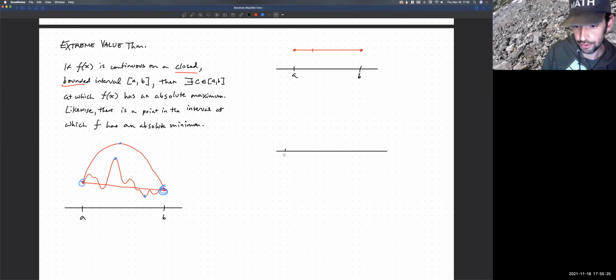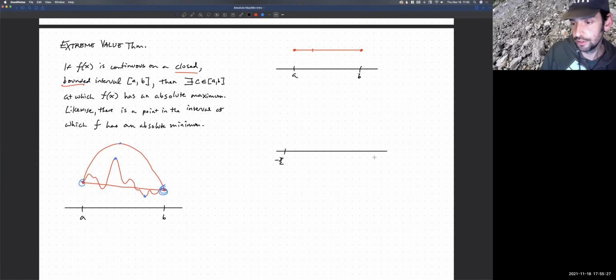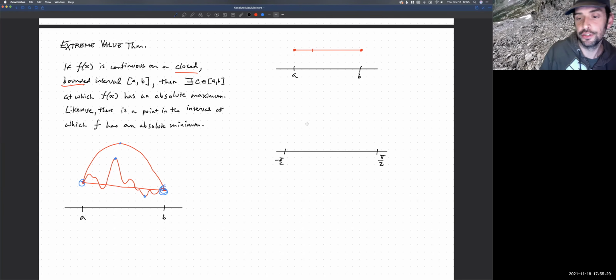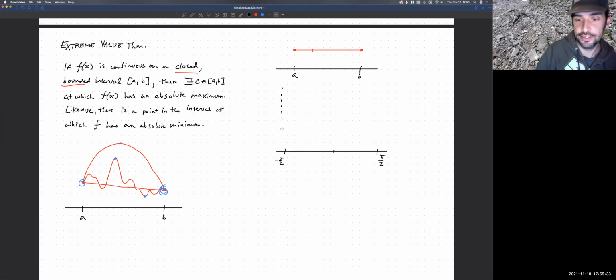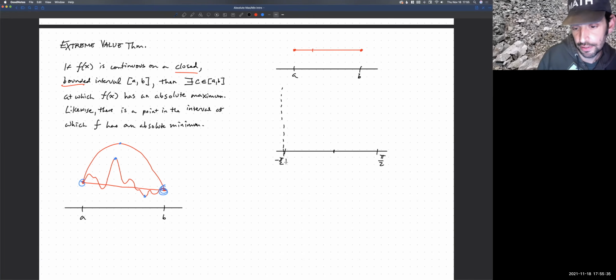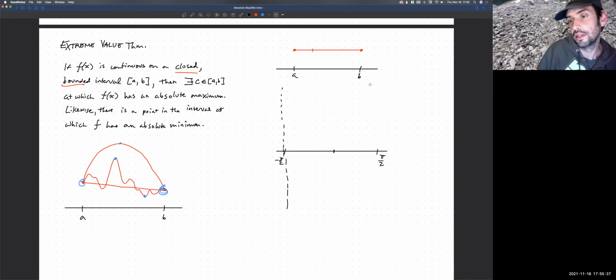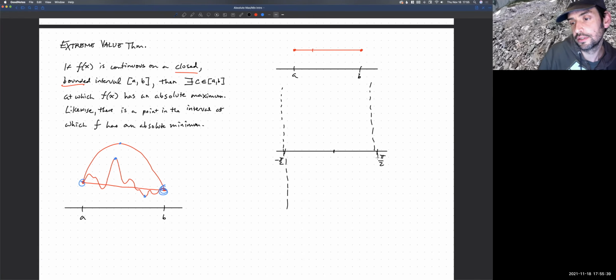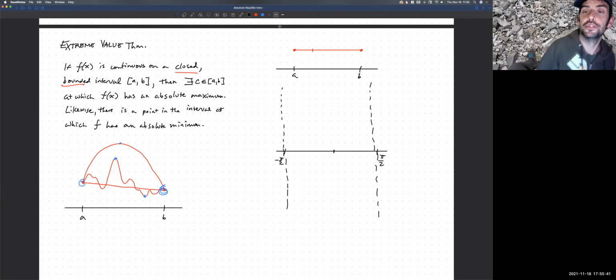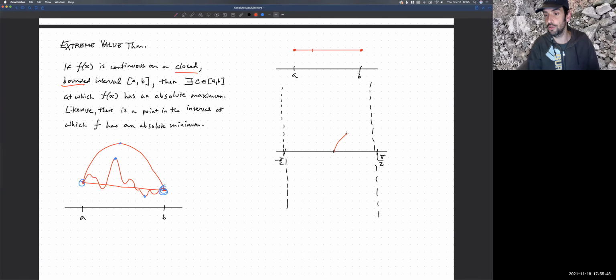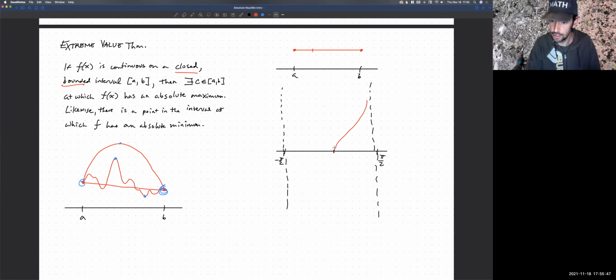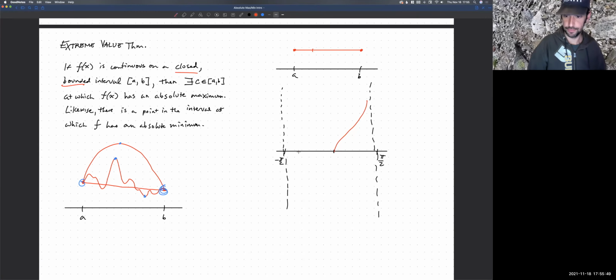So here's negative pi over 2, here's pi over 2, zero in the middle. Tangent is defined, it's not a very good asymptote, and tangent is continuous in this whole interval.